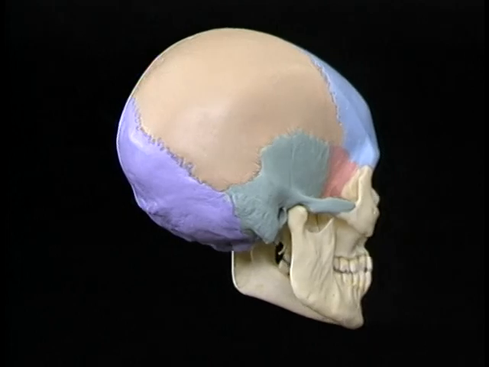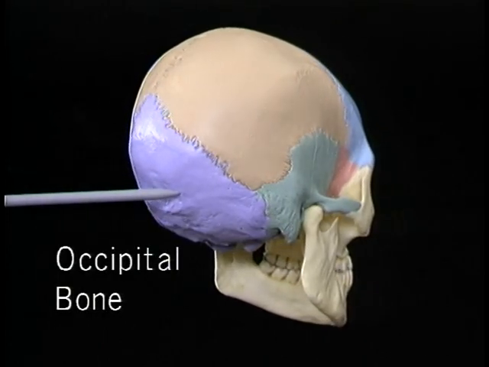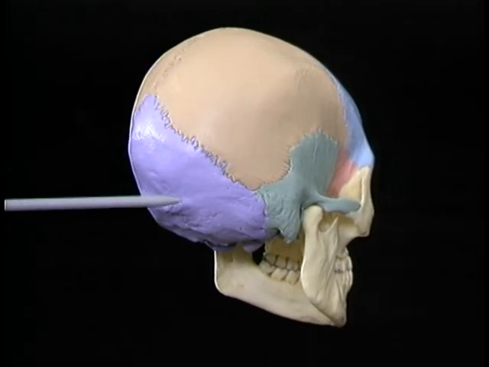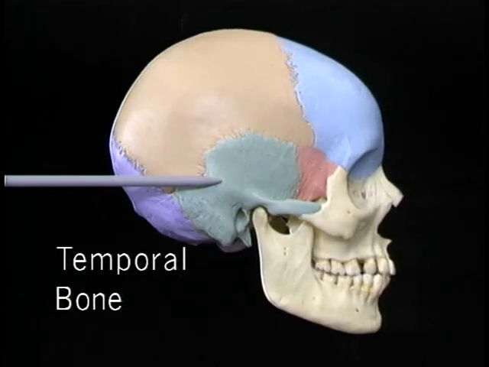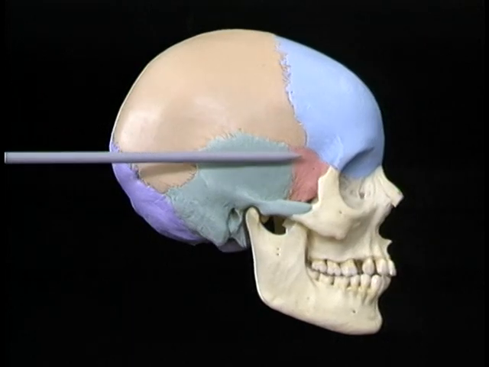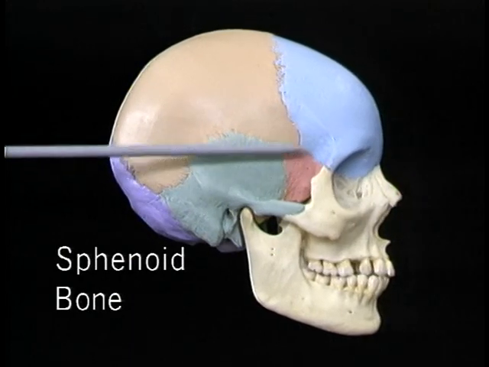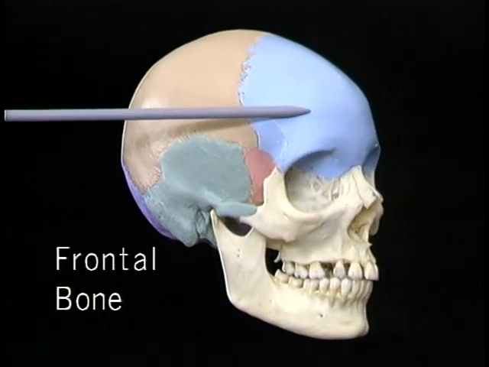The principal bones that form the cranium are the occipital bone behind and below, the parietal bone and temporal bone on each side, the sphenoid bone, and the frontal bone.